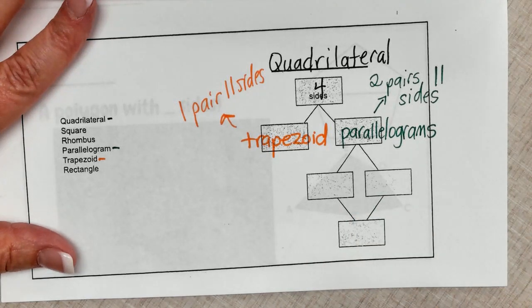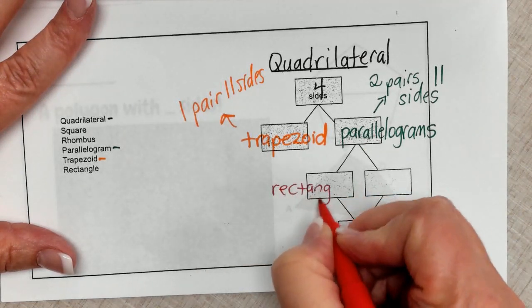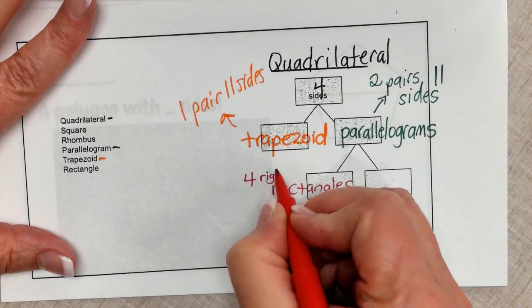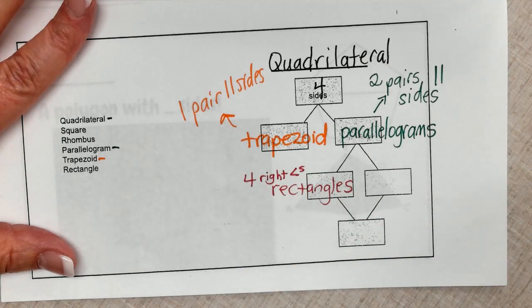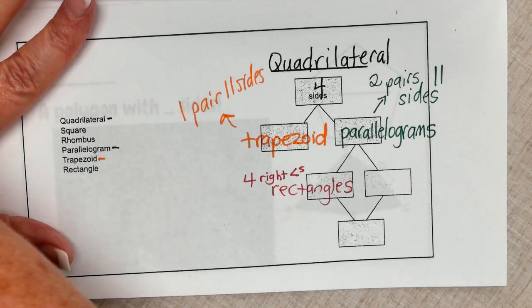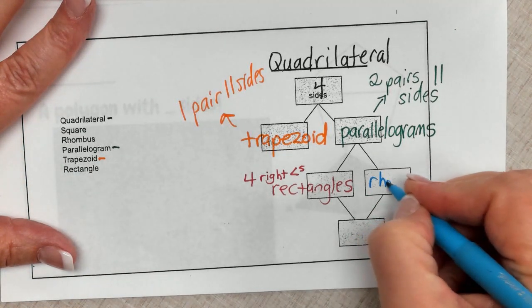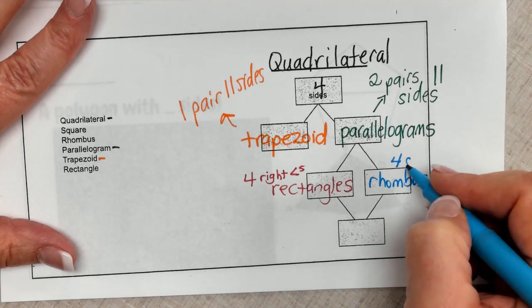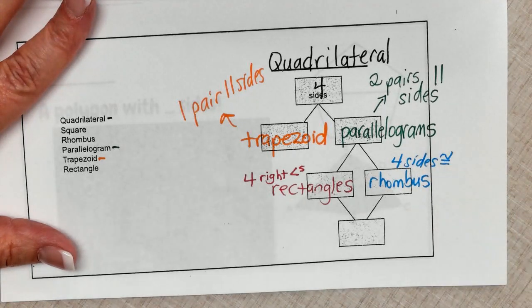I don't think it matters because some parallelograms are rectangles if they have 4 right angles, and some parallelograms are called rhombus or rhombi if they have 4 sides congruent. Congruent is same size, same shape.